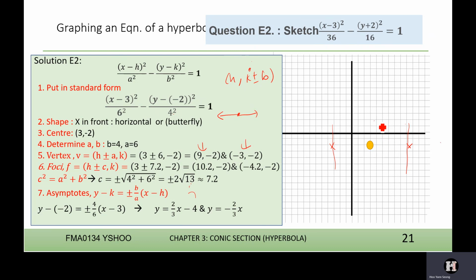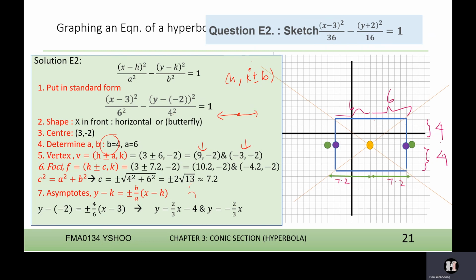But over here you still need to calculate 4, because the height is always for the B. So let's say you are based on the vertex, 9 and -3. Then you go 4 above and 6, 6 for the length. So you make a box. Then you draw your two asymptotes.